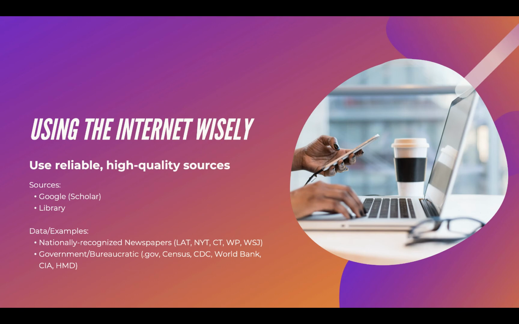So things that are examples or data that are coming from nationally recognized newspapers such as LA Times, New York Times, Chicago Tribune, Washington Post, and Wall Street Journal. You may instead want to rely on government or bureaucratic websites, right? Anything that ends in .gov, Census website, CDC, World Bank, CIA.